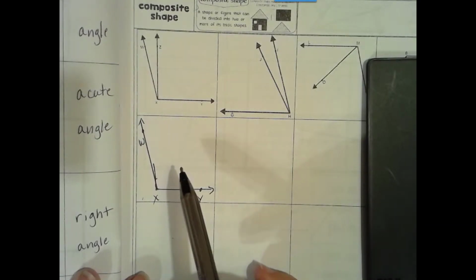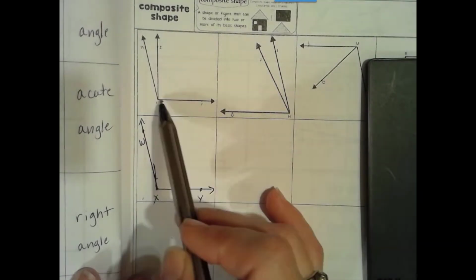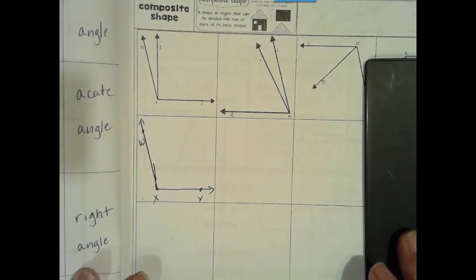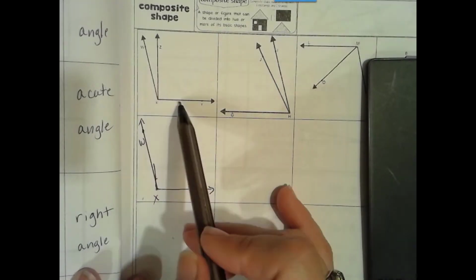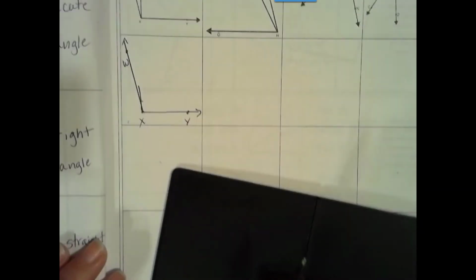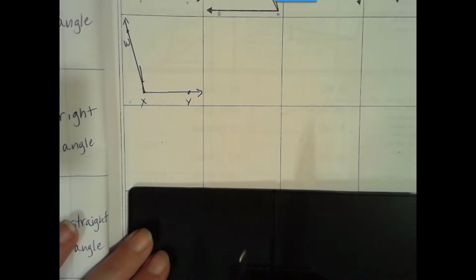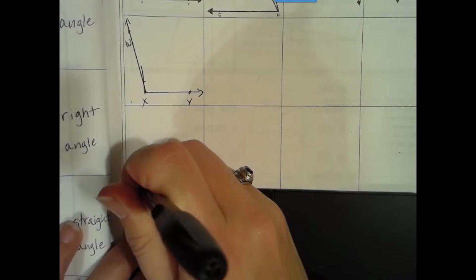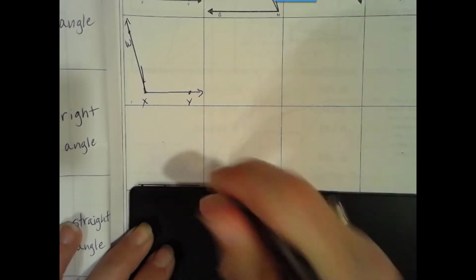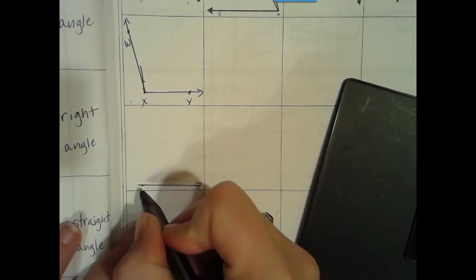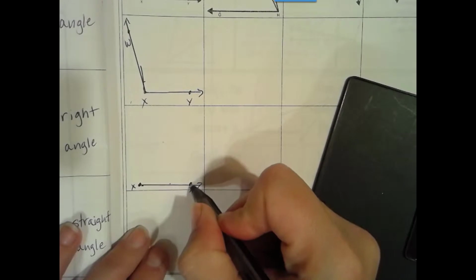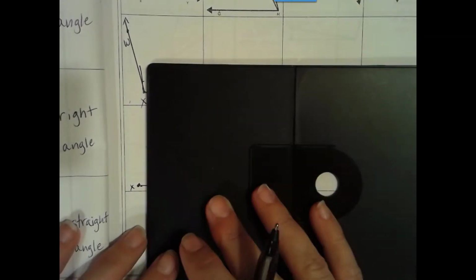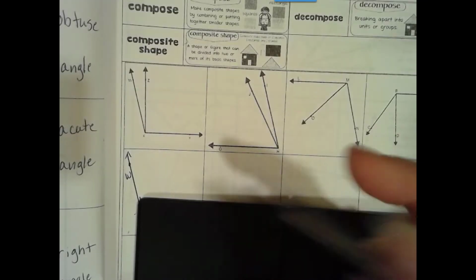Okay, now I'm going to look at the next largest angle. That would be this one right here, because this larger one is composed of these two smaller ones put together. So I get down my first piece there. So here's our ray X, Y. And then for this one that has Z on it, it looks closer to a right angle.